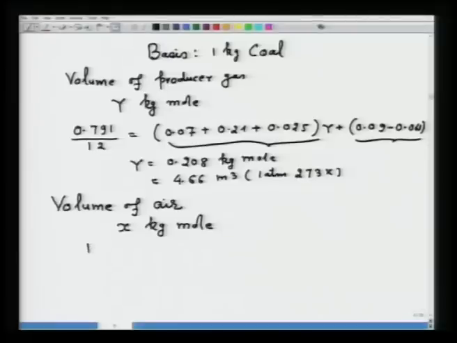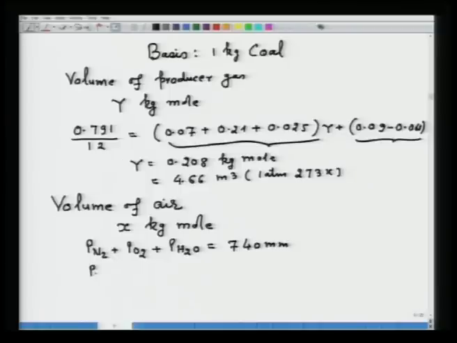So, PN2 plus PO2 plus PH2O is equal to 740 millimeter, that is given to us.